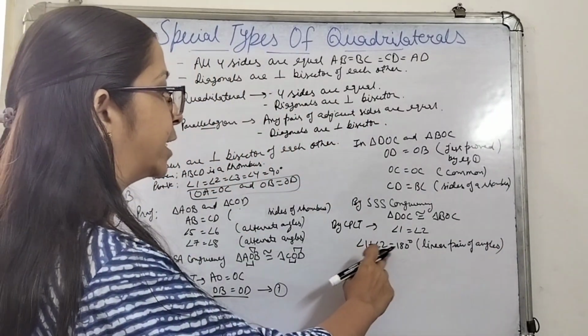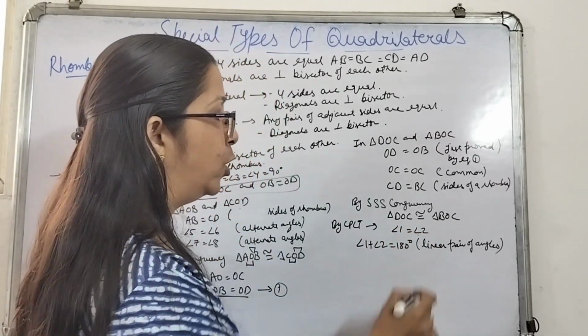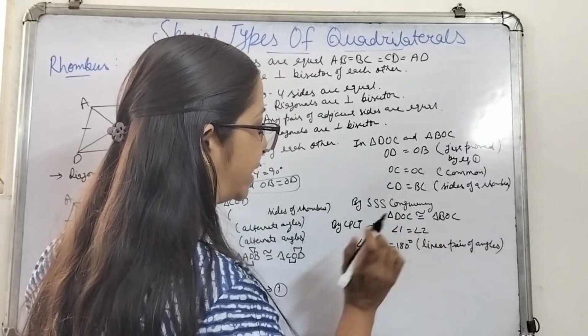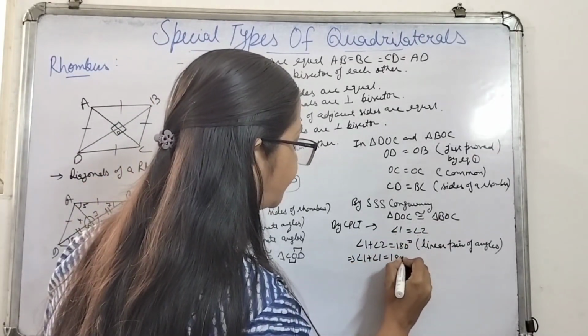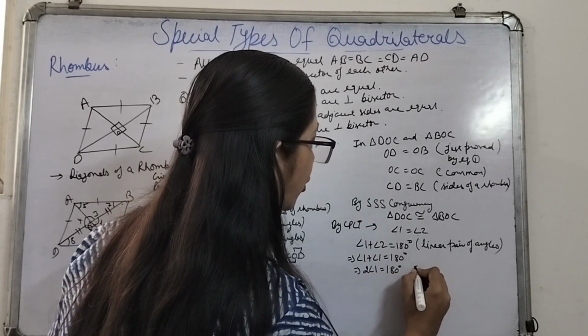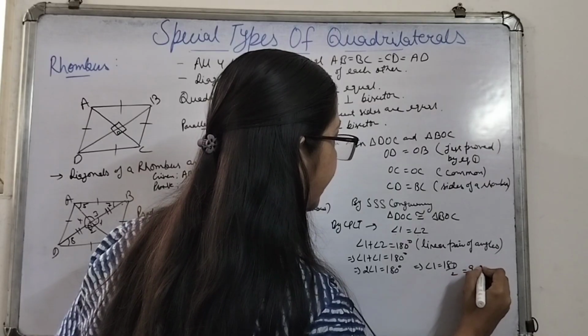So angle 1 plus angle 2 is 180 degrees. Angle 2 could be written as angle 1, so it will be angle 1 plus angle 1 is 180 degrees, or 2 times angle 1 is 180 degrees, or angle 1 is 180 divided by 2, that is 90 degrees.